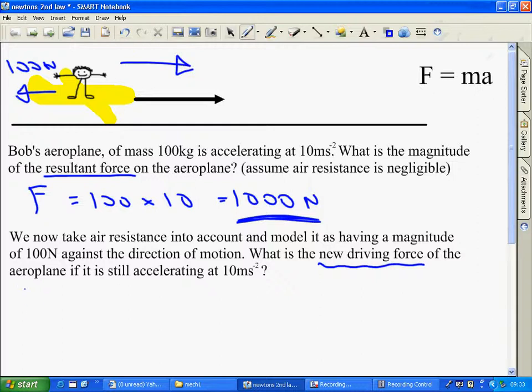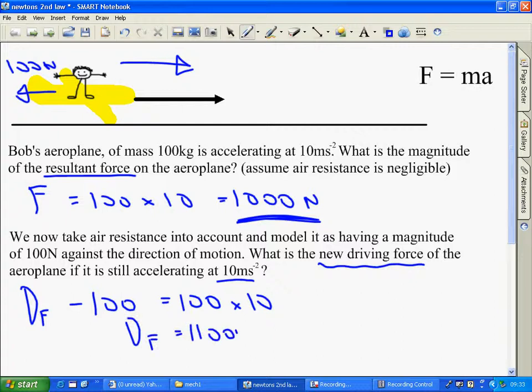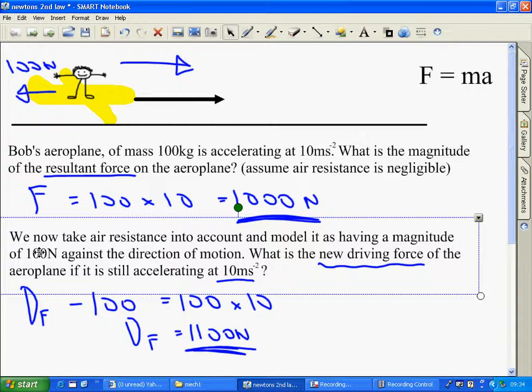So we've got driving force minus the resistance is equal to the mass of the aeroplane multiplied by its same acceleration. So this is going to leave us 1,000 plus 100, so the driving force is now 1,100 newtons. Makes sense? It's had to increase by 100 newtons to keep the same acceleration acting against 100 newtons resistance there.